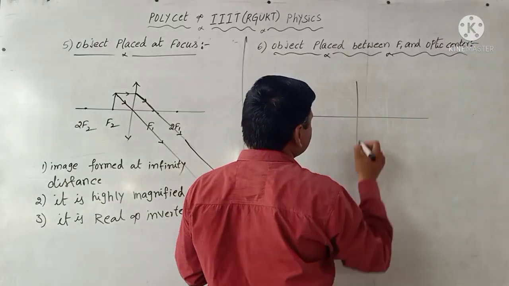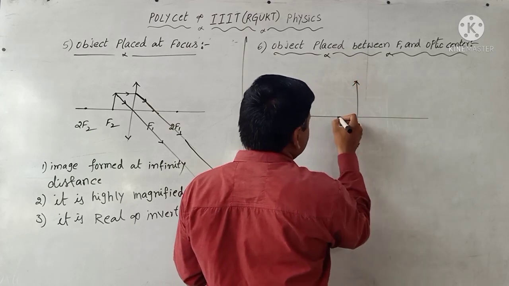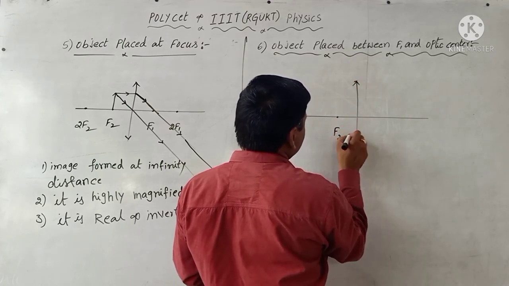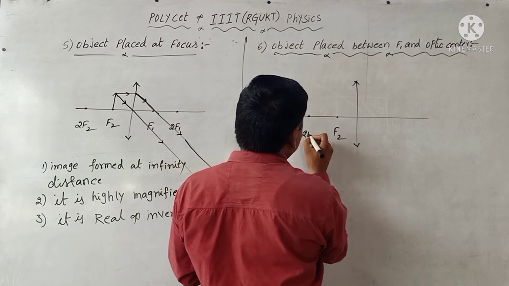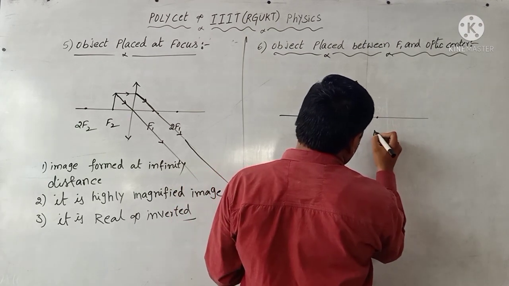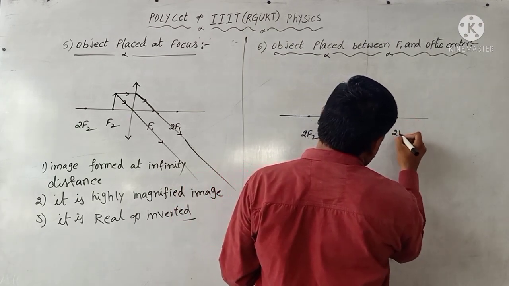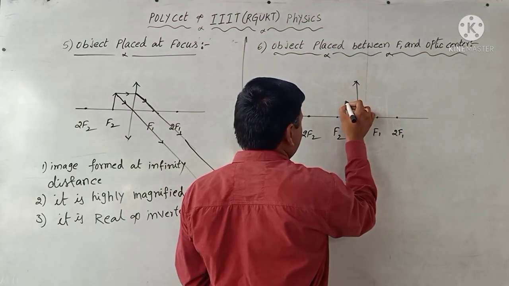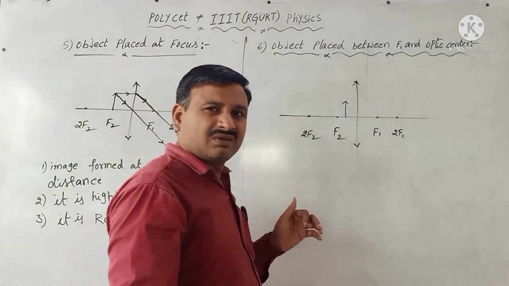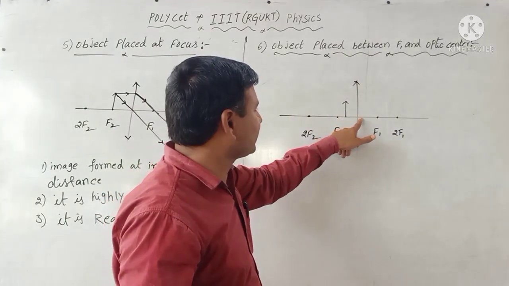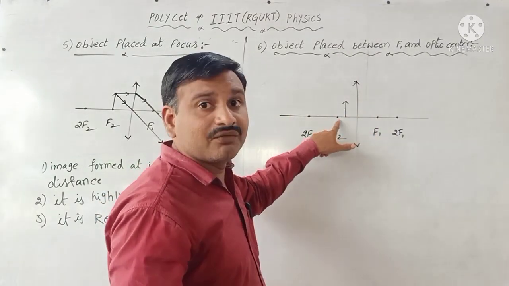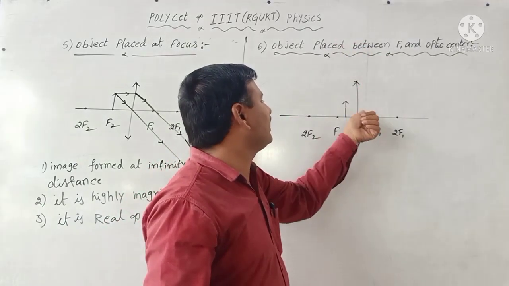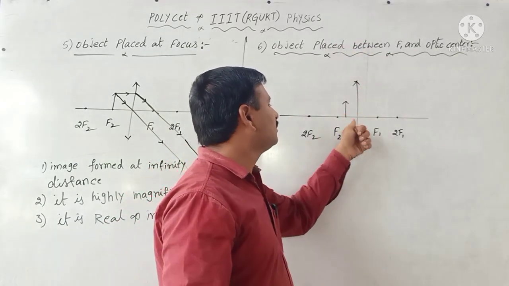So it is the convex lens. Here 2f2, here f2, and it is f1 and it is 2f1. So where is the object? Between the optic center and the focus. So the object is placed between focus and optic center.